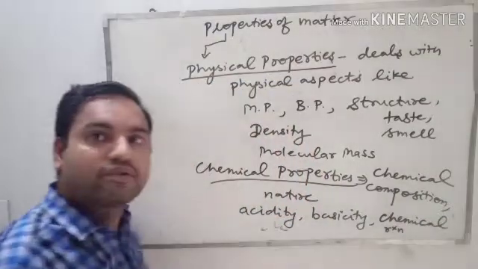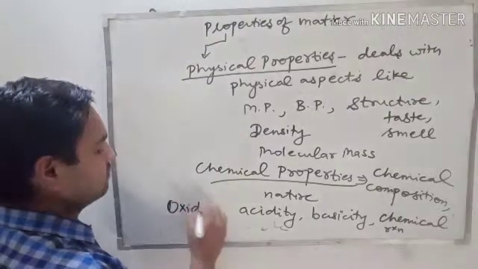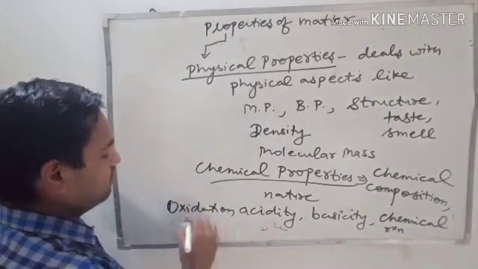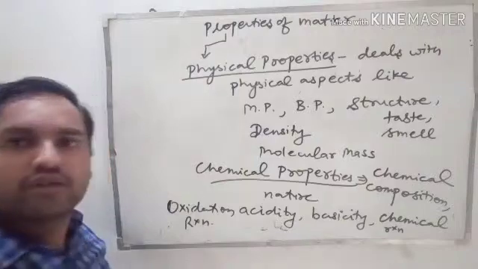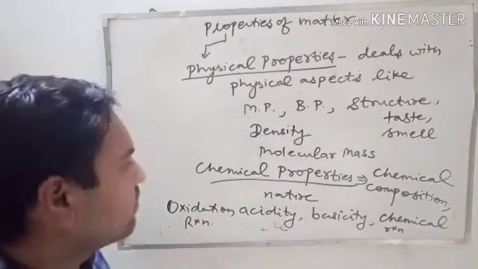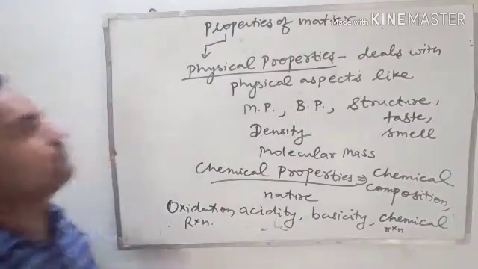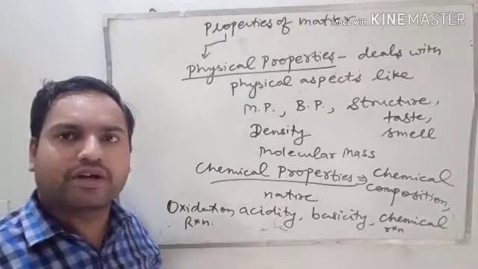How do they react with oxygen, how do oxidation, reduction, how are they going to react with oxygen, nitrogen, different elements. All these we are going to study in the chemical properties of matter. So basically, physical property, chemical property.